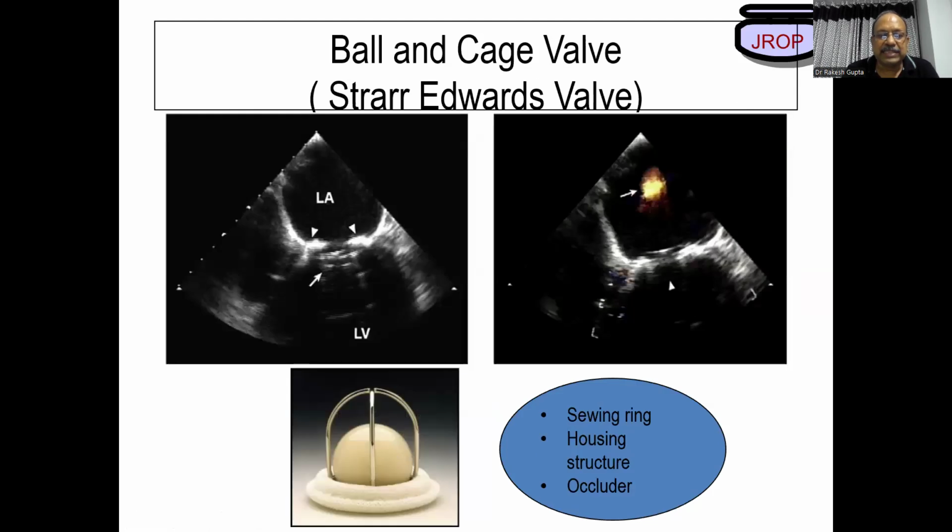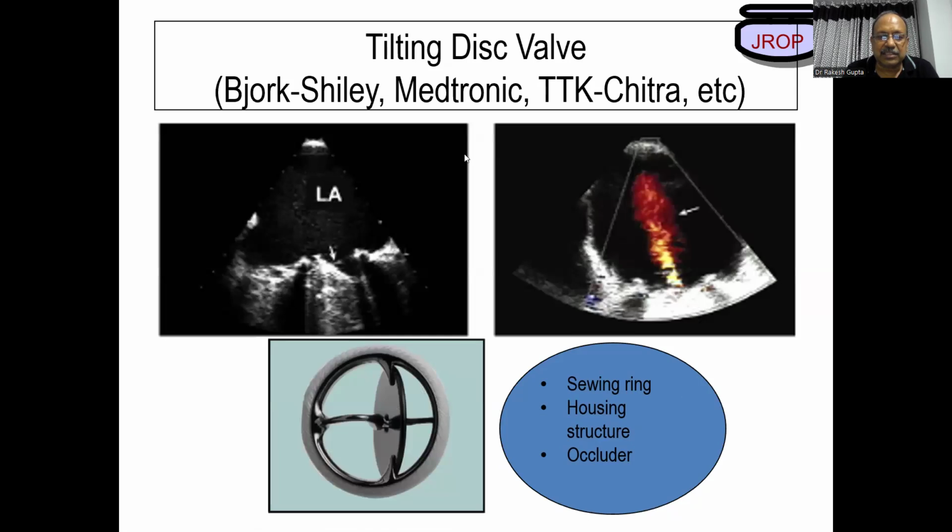If I go back and see these valves in echocardiography, what will the picture look like? This is a housing which looks like a cage, and here is a ball which looks like an occluder. Right? If it's a single tilting disc device in echocardiography, we only see one jet of flow across this valve.